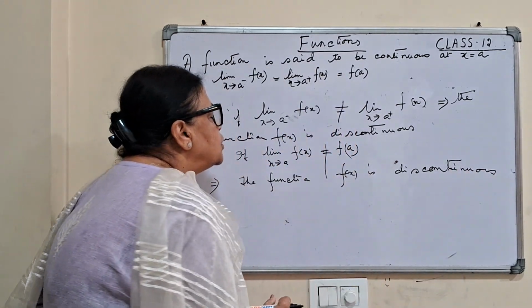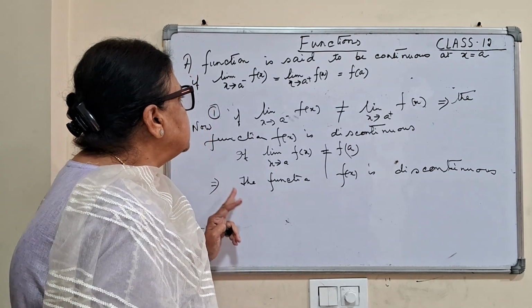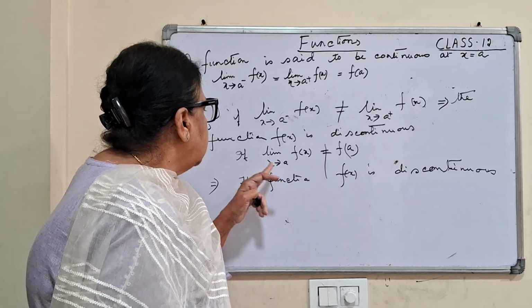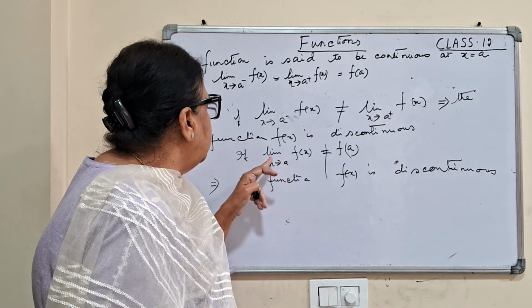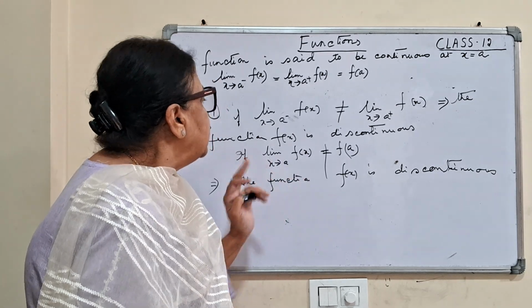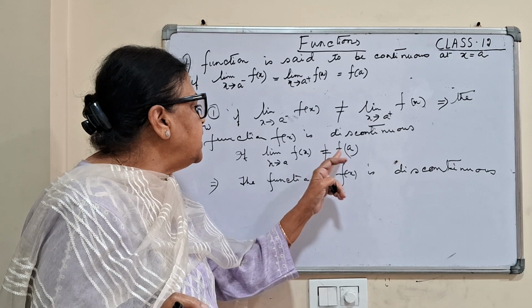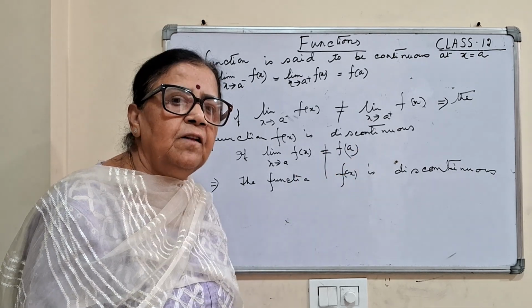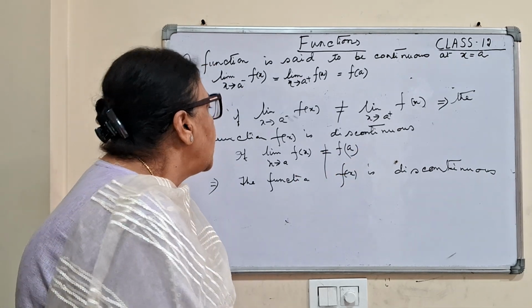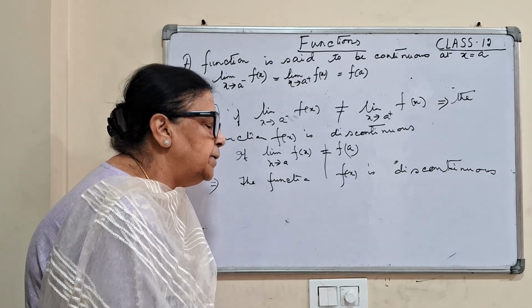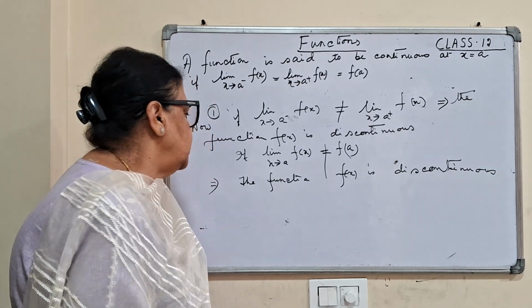So we can say that if I write limit x tends to a of fx, that means both side limits, plus and minus, then it is not equal to f(a), that is the functional value. This is called the functional value. Then the function is not continuous. This is discontinuous.